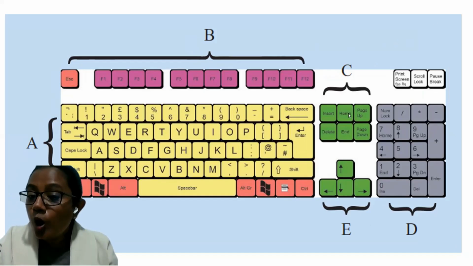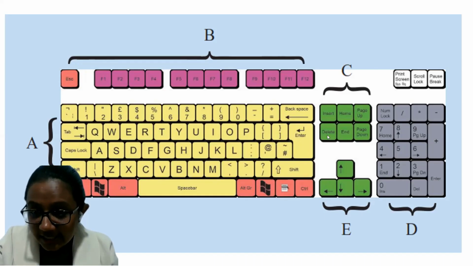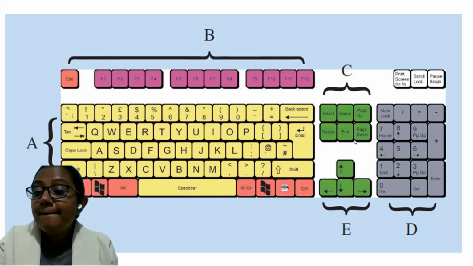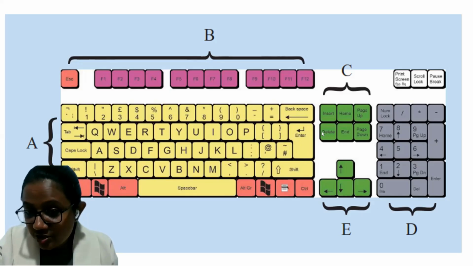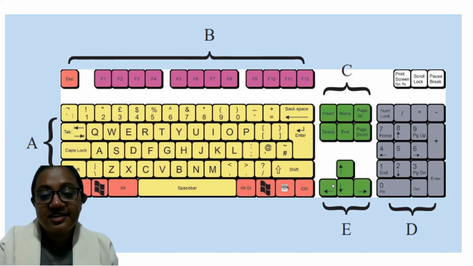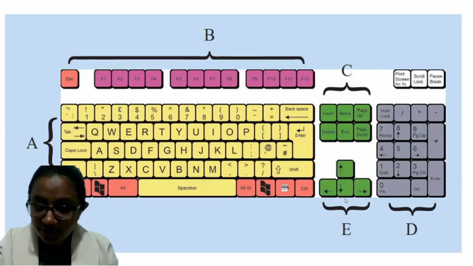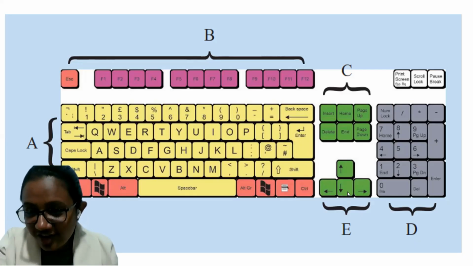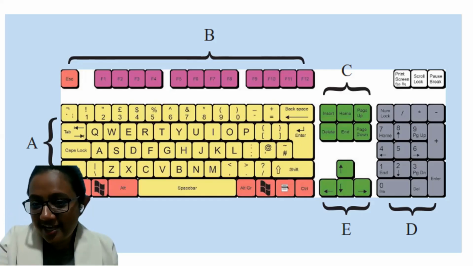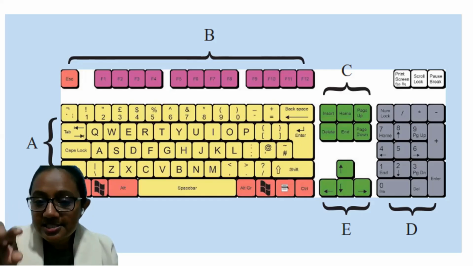Insert, Home, Page Up, Delete, End, Page Down. And next you can see the arrow keys. They are left arrow, right arrow, top arrow and bottom arrow. Right. Now go through my screen and identify the Insert key.